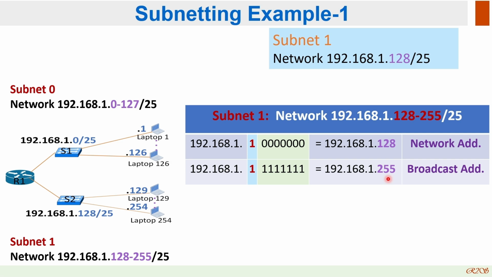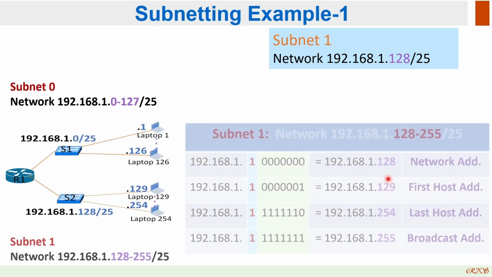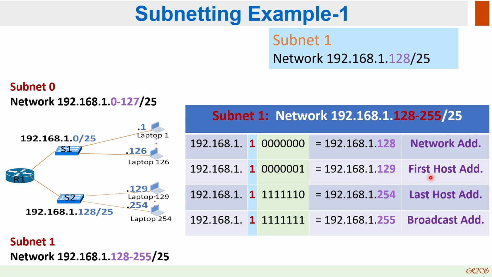Now what are the usable IP addresses, the first host and the last host IP addresses? Again, the first usable IP address is one more than the network address. The network address is 128, so the first usable IP address is 129, and the last usable IP address is one less than the broadcast address.